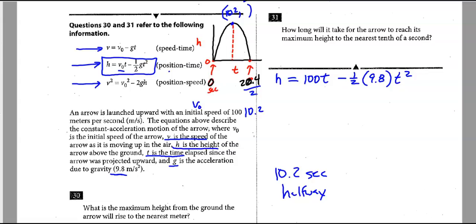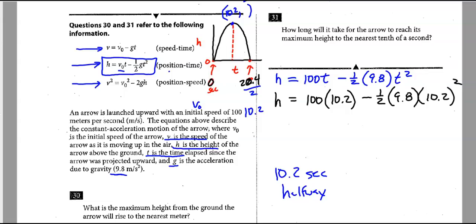I now have a t to plug in that'll tell me what the h is. So what is the h at exactly 10.2 seconds? I just substituted that halfway point in for t. That should give me my h.